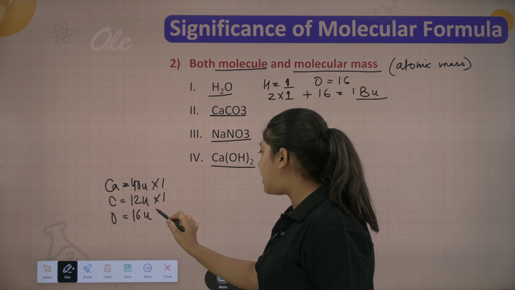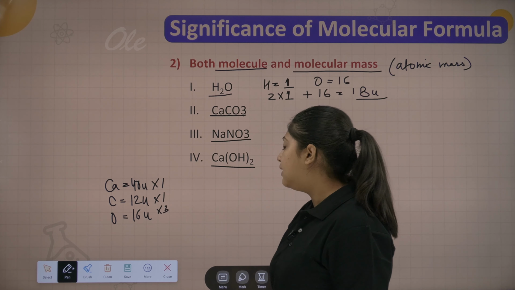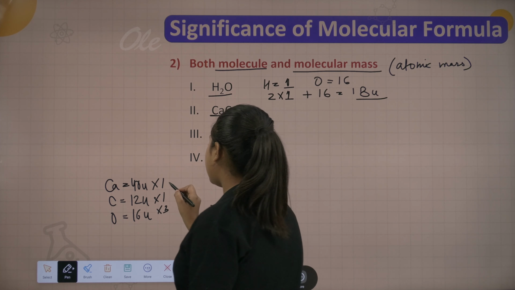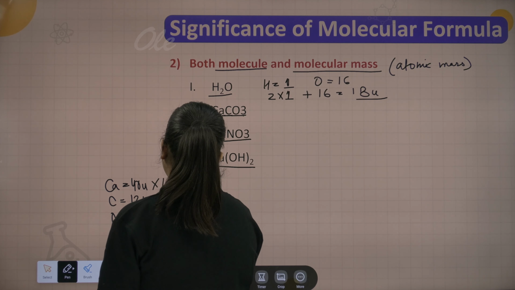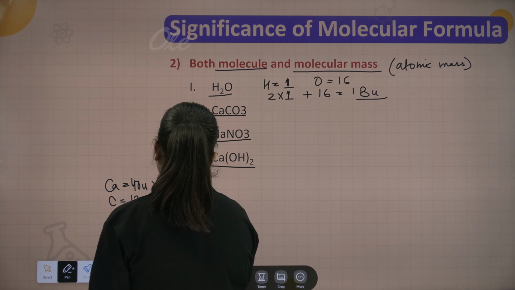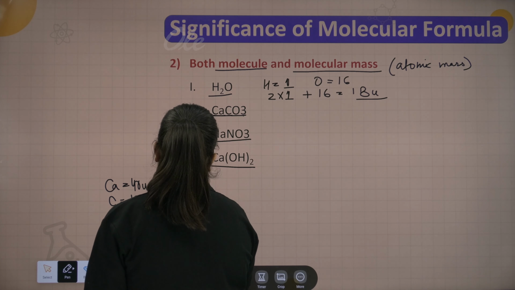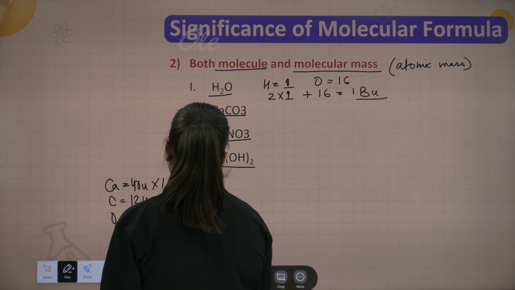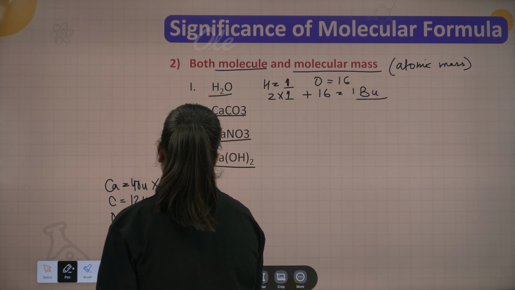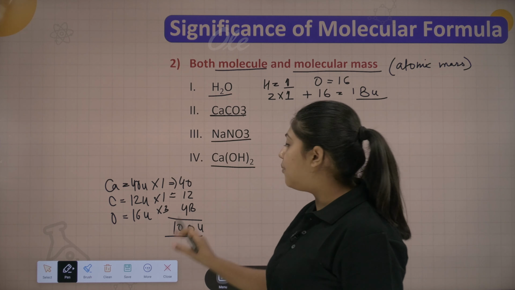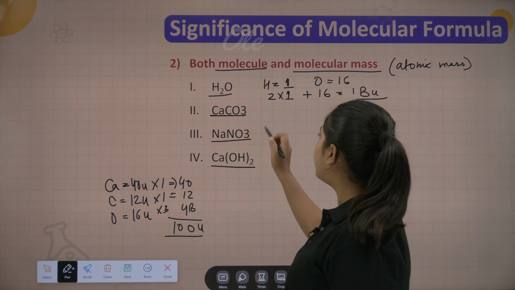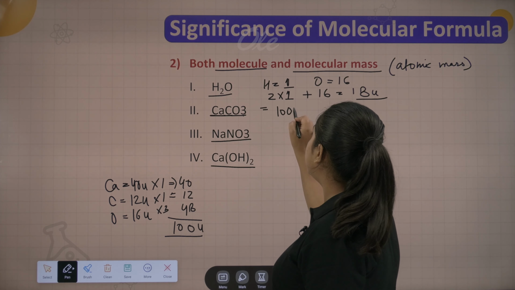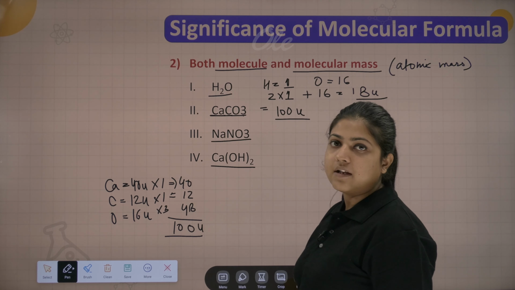Here oxygen 3 atoms are present, you will multiply by 3 and then you will get 40, 12 and 48, and when you calculate you will get the answer as 100 U. So the molecular mass of calcium carbonate will be 100 unified mass.